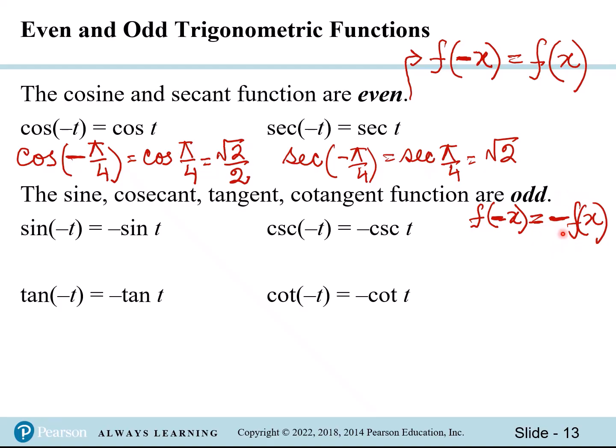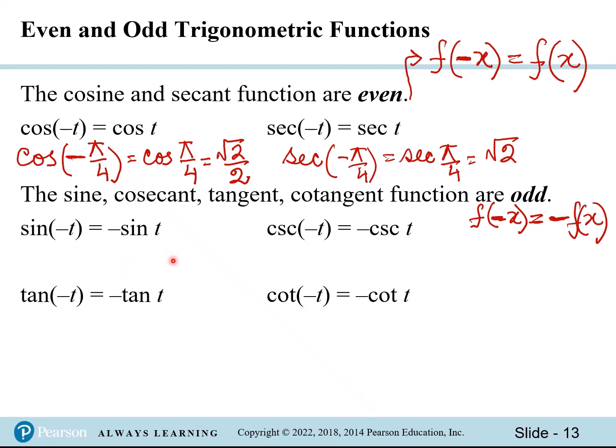So look here, all these four functions, sine, its reciprocal cosecant, tan, its reciprocal cotangent, they are all odd functions. What does that mean? Sine of negative t is equal to negative sine of t. So whatever you found using the positive angle, if you substituted the negative of it, you would get the negative of the answer. In other words, let's work with an example here.